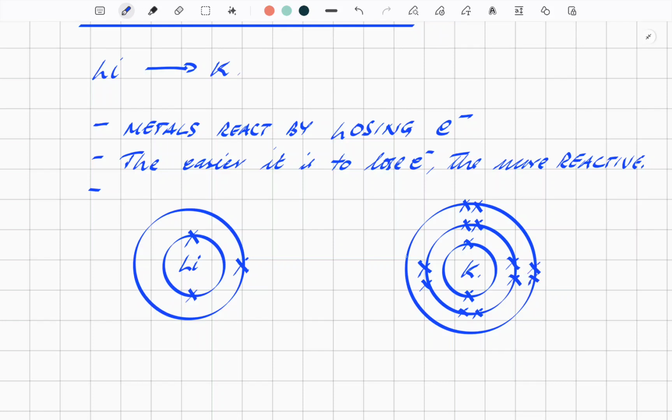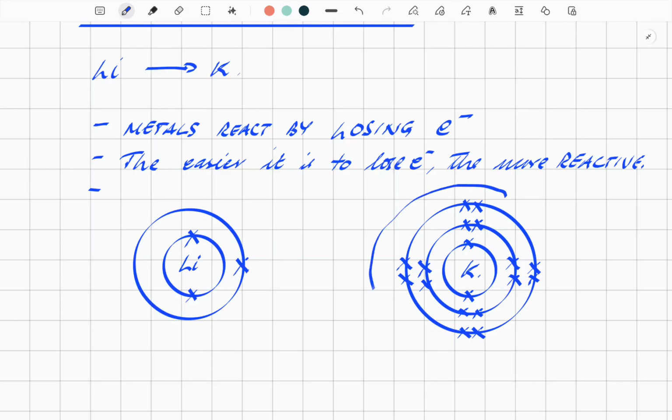What's the atomic number of potassium on your periodic table? Take a look. 19. Exactly. So if you look at potassium here, that's the same number of electrons as protons. The atomic number also tells you the number of electrons in the atom itself. So you've got 2 and 8, that's 10, and then another 8 is 18.